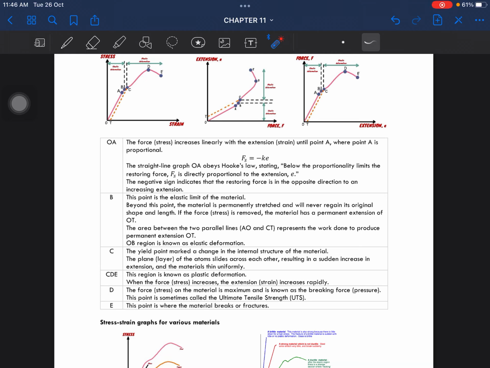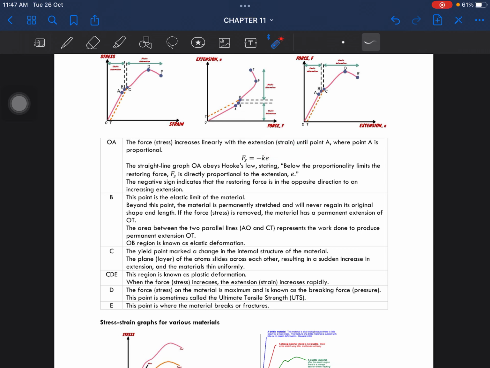That is why when an object is being pulled like this, at the center it thins out. This is because the layers of atoms are sliding across each other, resulting in an extension. So the material will thin out.